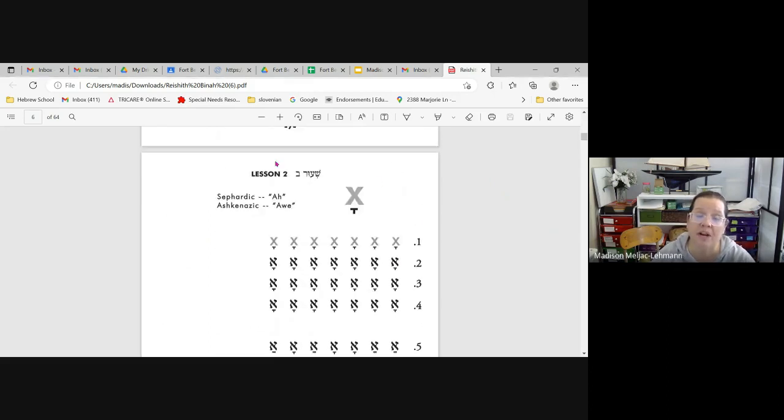The other point that I want to point out here is that in lesson 2, you will see there's Sephardic and Ashkenazic pronunciation. If you're from New York, or if you visit someone in some of the more Chabad, more modern Orthodox, or Hasidic communities, you may hear a different vowel sound.